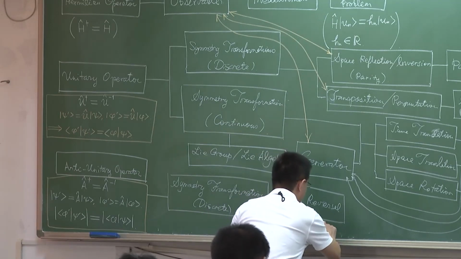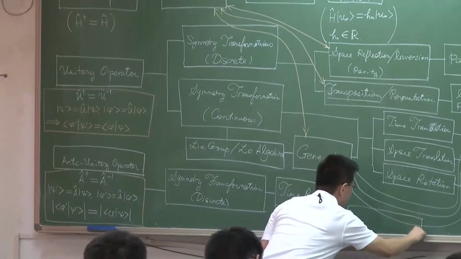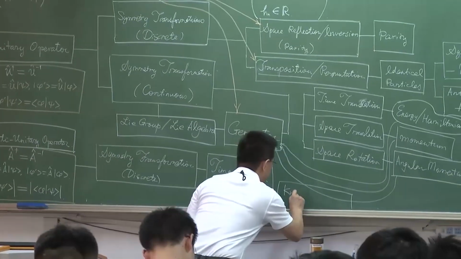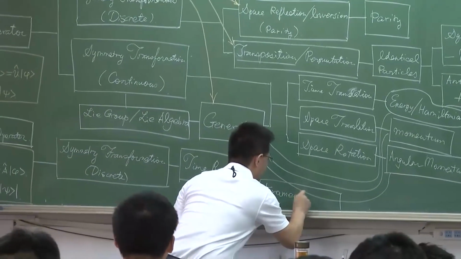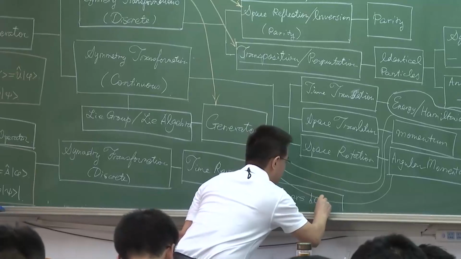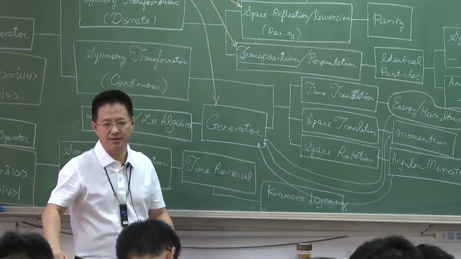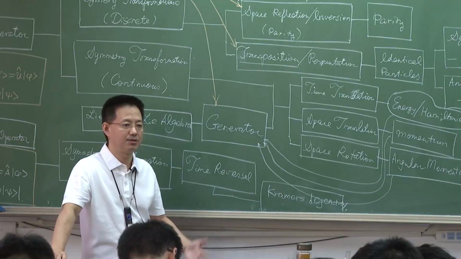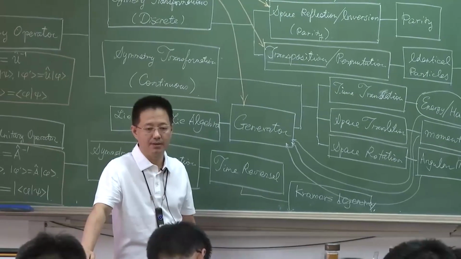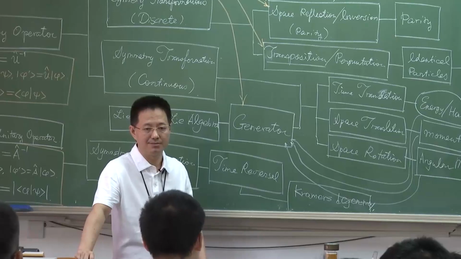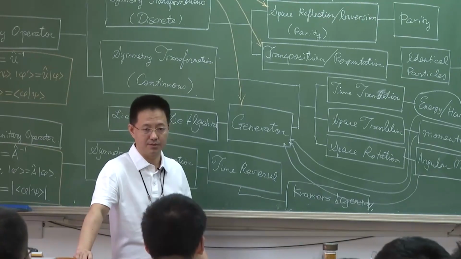It is something like Kramers degeneracy and the selection rule, the detailed balance theorem or something, and all these things are connected with time reversal.